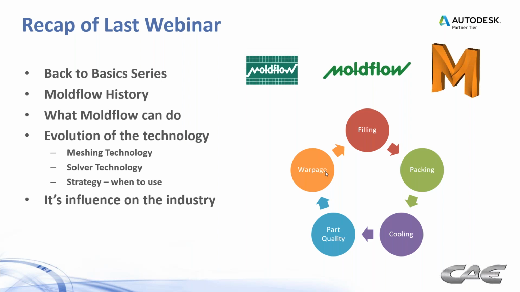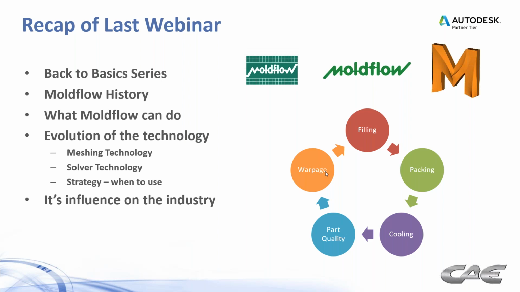So in our last webinar, we did just a quick overview of that and went through a little bit of the Moldflow history. You see the different logos over the years there. We talked a little bit about what Moldflow can and can't do, filling, packing, cooling, and warpage analysis, and helping us determine or predict part quality to some degree.